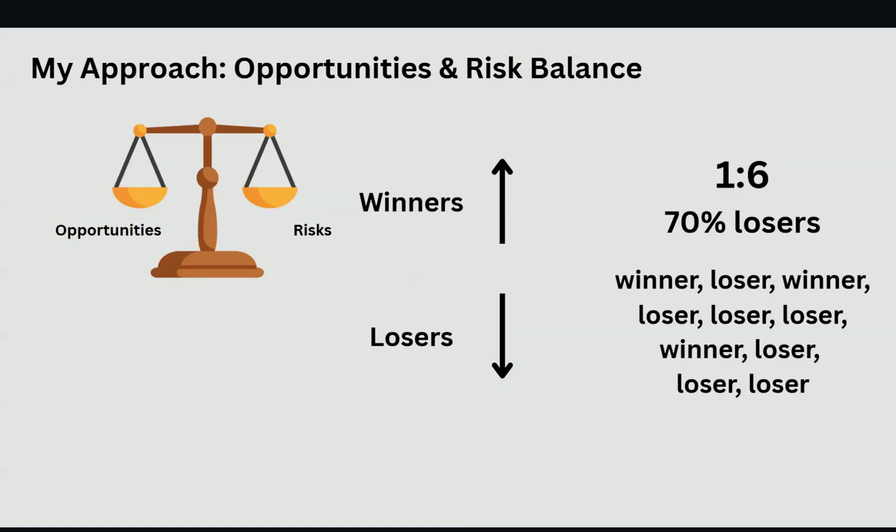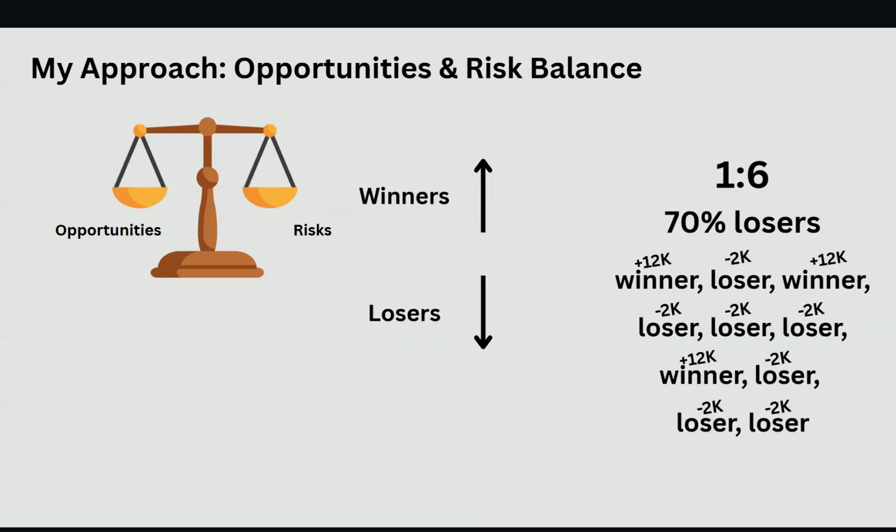Let's say that on a winning trade, you make $12K. So here you made 12K, and then you lose 2K, and then you make 12K, loser, loser, loser, winner, loser, loser, loser.